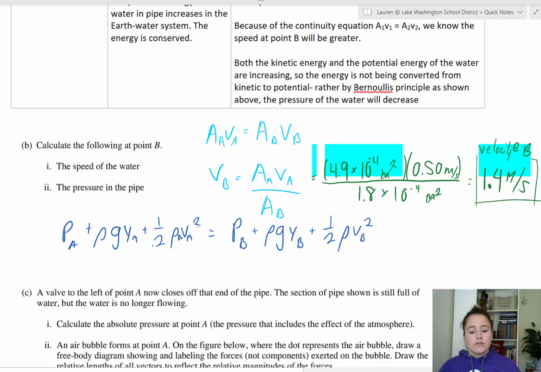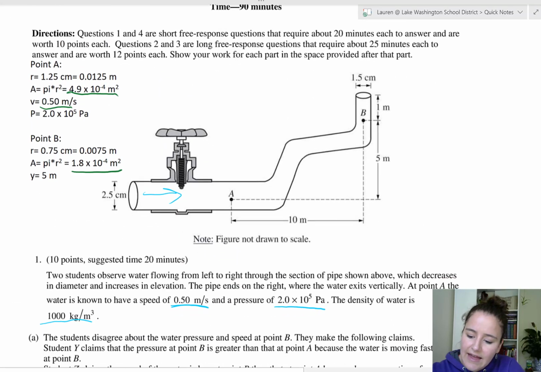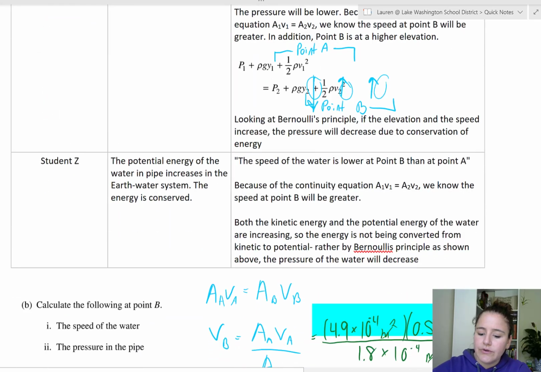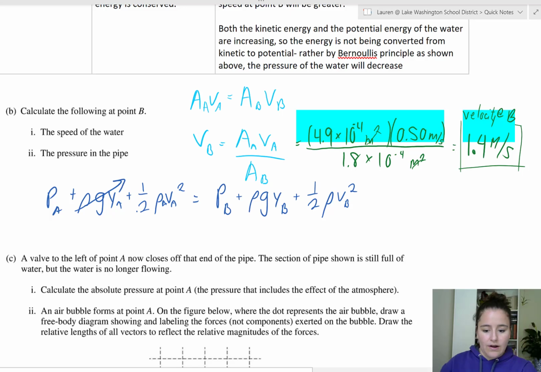Okay, so we can eliminate some of these terms. We know that the height at point A, we can define that as our 0 line. So then our height at B is going to be 5. And if we count the height at A as 0, then we can ignore that term. Again, we're trying to solve for the pressure at B, so it might be easier to reorganize this equation.